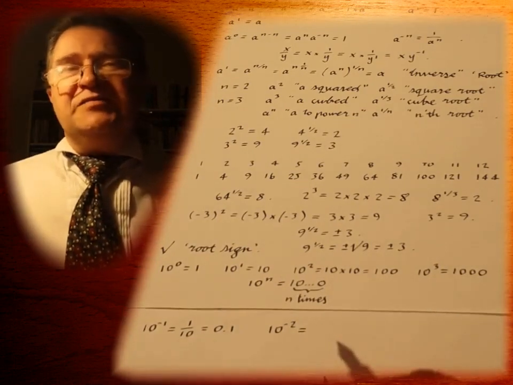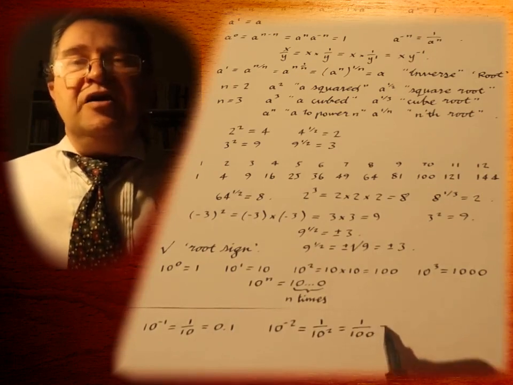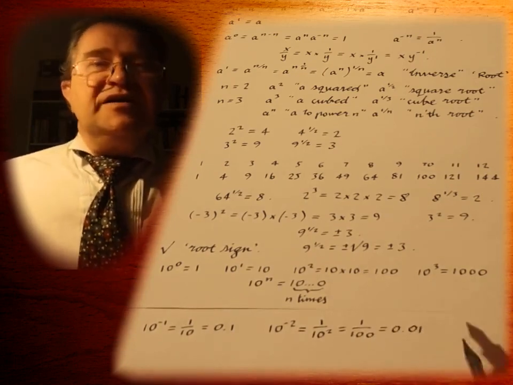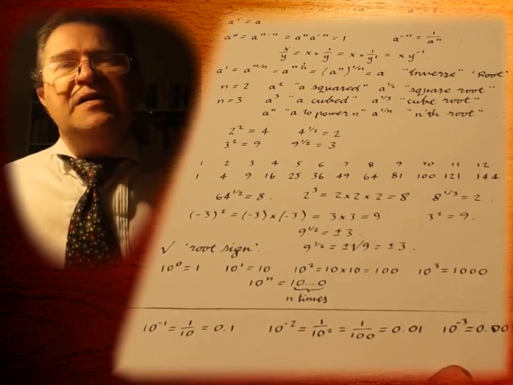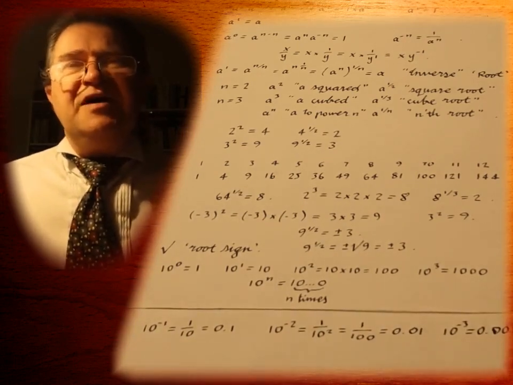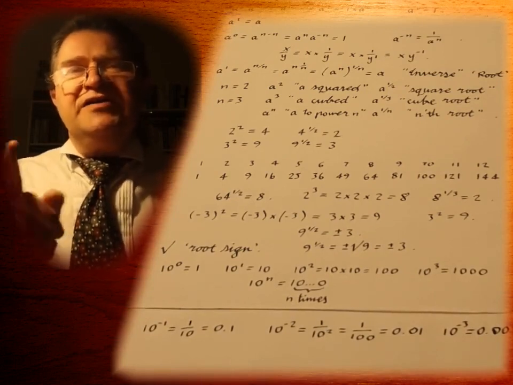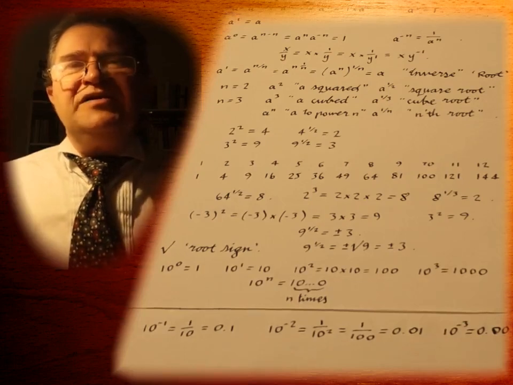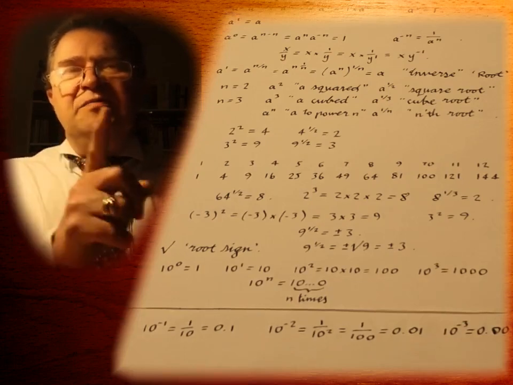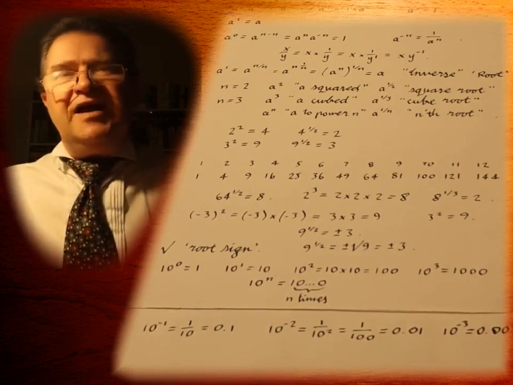It's 1 over 10 times 10. It's 1 over 100 is 0.01. 10 to the minus 3 is 0.001, etc. So you see that multiplying by powers of 10 has the effect of moving the decimal place around, inserting zeros where necessary. Positive powers of 10 move the decimal place to the right, and negative powers move it to the left.